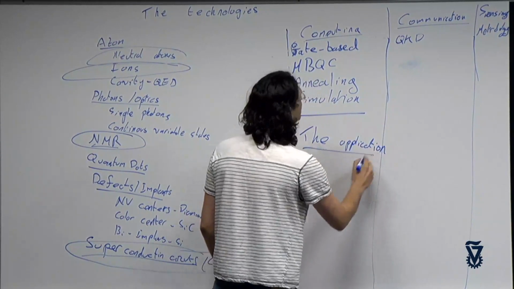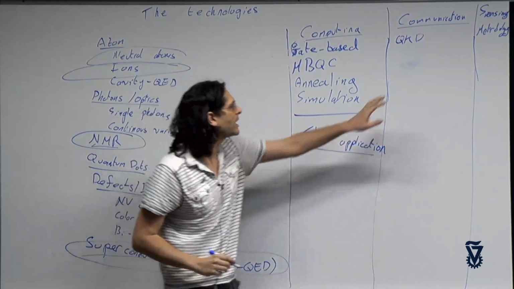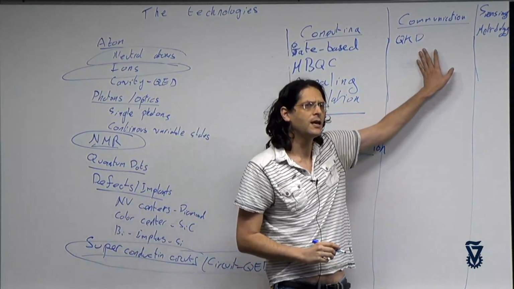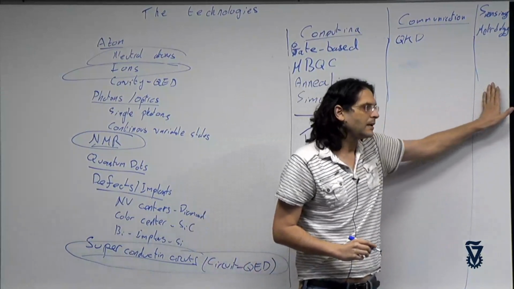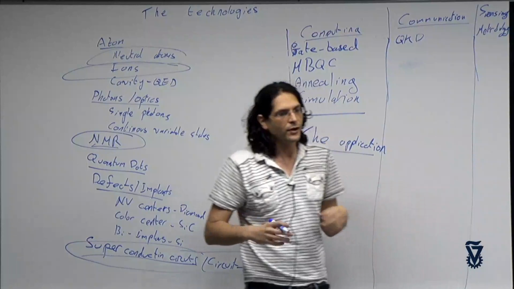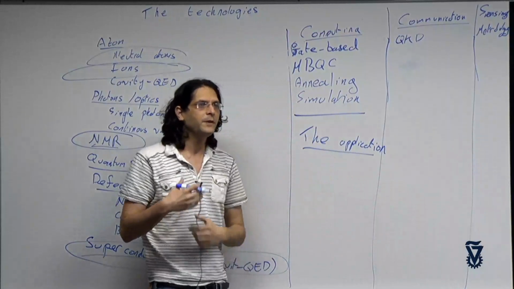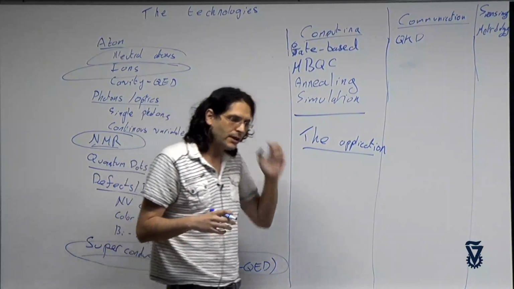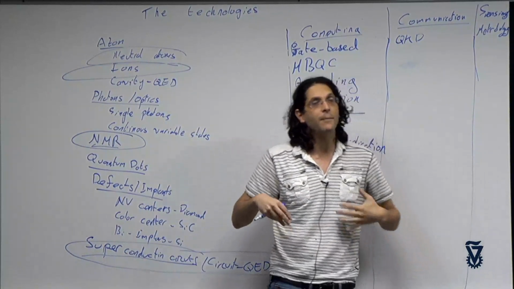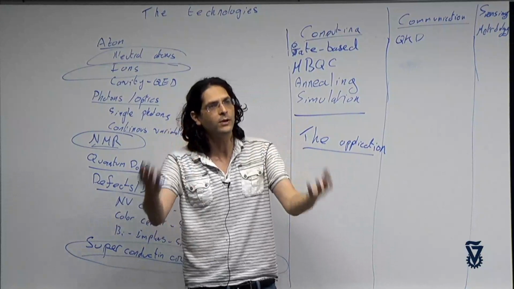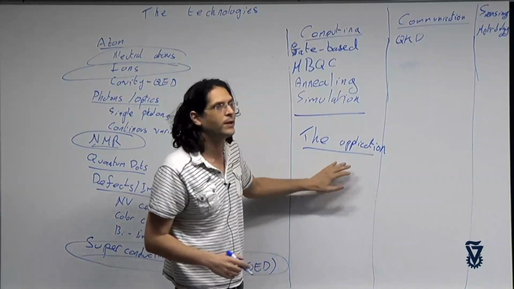Communication in terms of secure communication is relatively well established, okay? Sensing is very diverse. There's a lot to do there, but it's been going on for decades. And really the big hype, and the reason that this is going strongly into academia and coming out from academia also into industry, is the computing application.